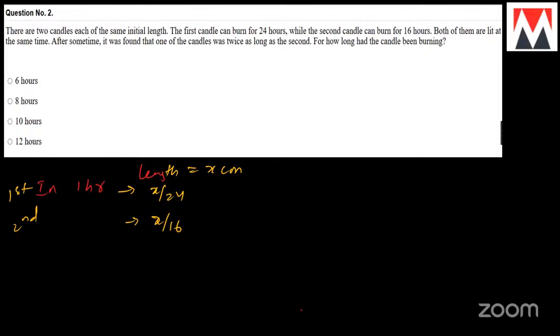So after some certain amount of time, the time is the same for both of them. They are saying the lengths are twice of each other. So you have the initial length x minus xt by 24 is equal to 2 into x minus xt by 16, right?